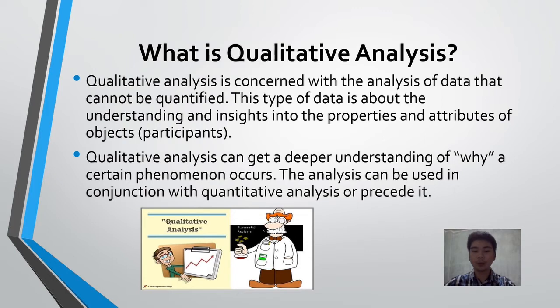The analysis can be used in conjunction with quantitative analysis or precede it. Unlike quantitative analysis that is restricted by certain classification rules or numbers, qualitative data analysis can be wide-ranging and multifaceted. It is subjective, descriptive, non-statistical, and exploratory in nature.